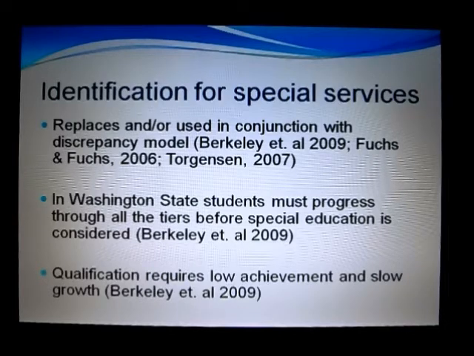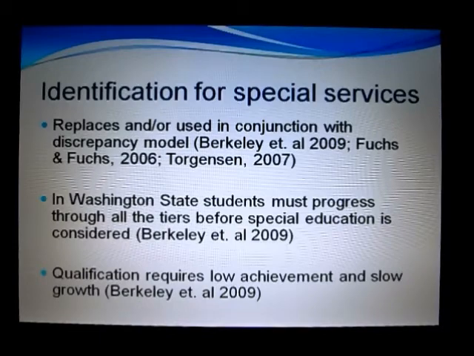And the discrepancy model is when an IQ test is given and an achievement test is given, and you can put a student on an IEP, provide them with special education services based on them having a discrepancy between their IQ or their ability level and their actual achievement.